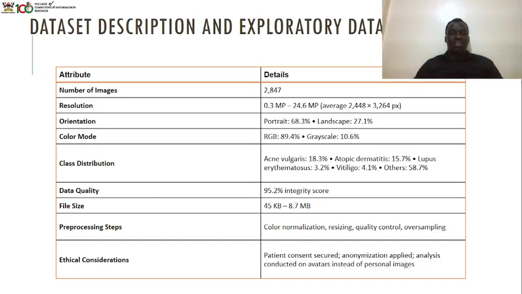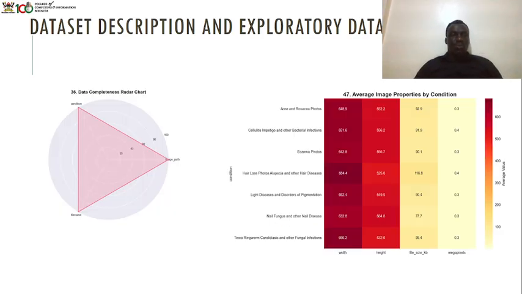And our dataset description and exploratory data analysis, we talked of using number of images that were actually over 2000, and resolution was, as we can see. And then we analyzed it and visualized it, of course.